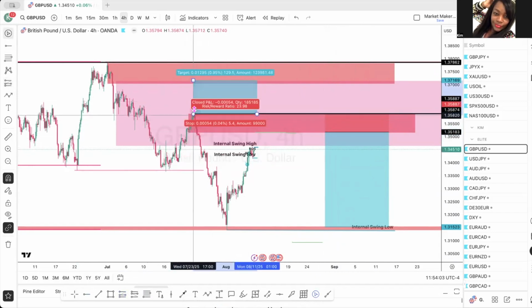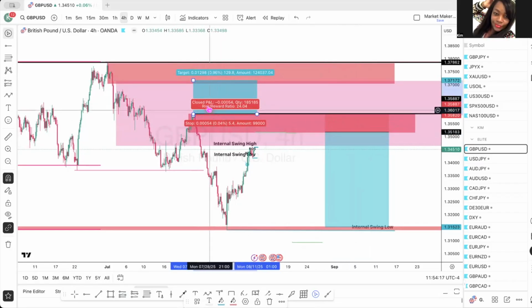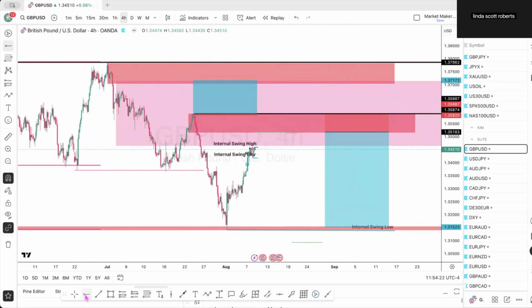Once you set the hedge, the hedge would start buying up to here. This would be in the negative, this would be in the positive.